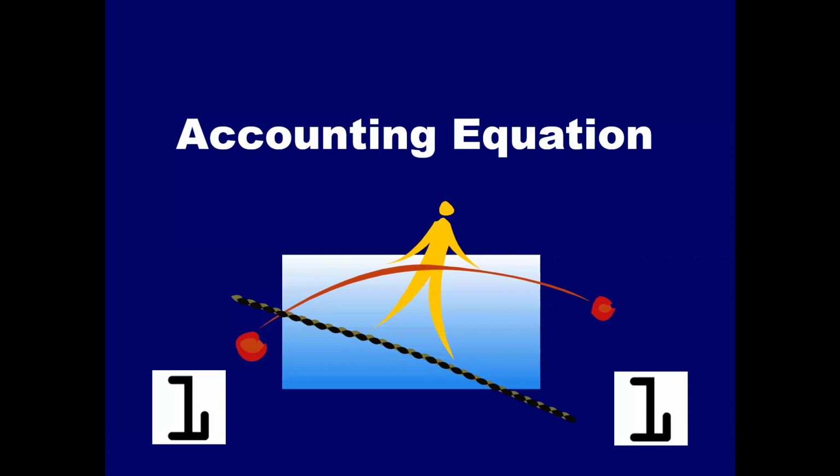Now accounting equation. See this picture. What this picture is trying to say is every debit is equal to the corresponding credit. So for example, you sell goods to a customer.